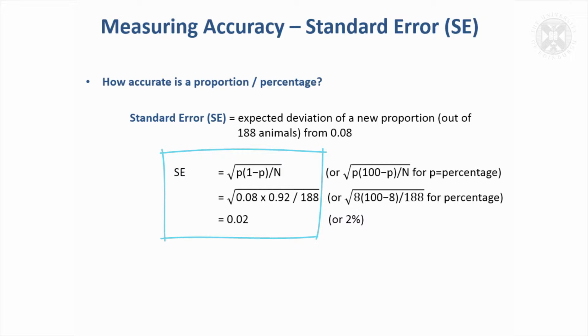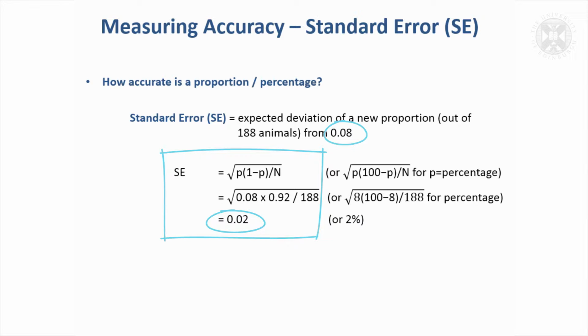So that tells us that if we were to do another study, the proportion of calves with disease would be expected to differ from this 0.08 by 0.02. So it gives us a feel for how accurate that 0.08 is. So not particularly accurate, really.